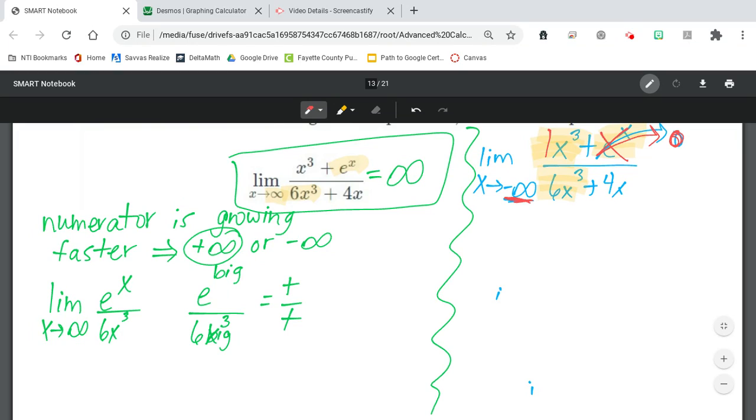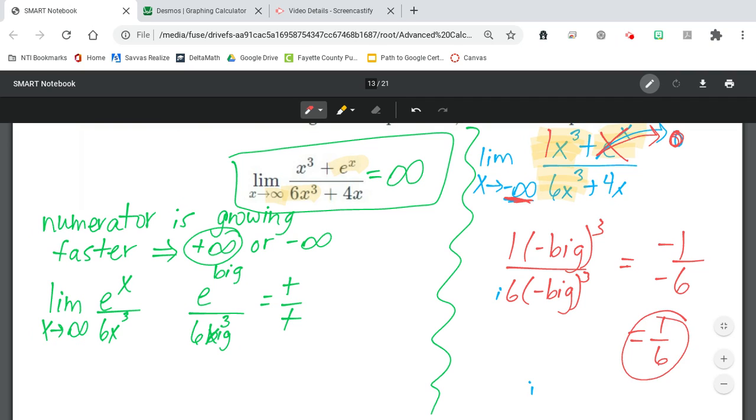If I have 1 times a negative big number cubed over 6 times a negative big number cubed, I'm going to get 1/6, but I want to double check my signs. A negative big cubed is a negative. Negative big cubed is also a negative, and negative divided by negative is positive 1/6. So I would say this limit equals positive 1/6.